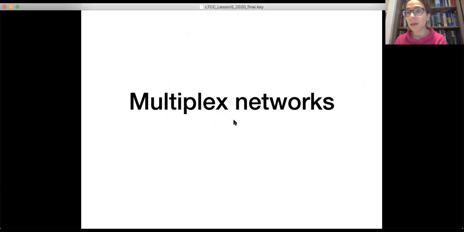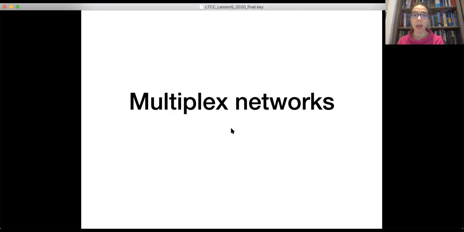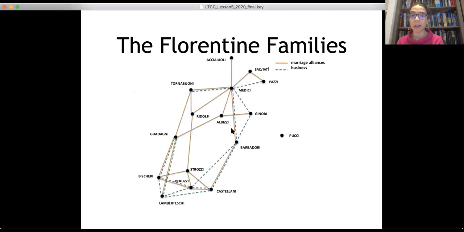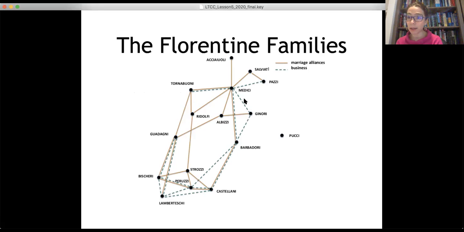So let's start with multiplex networks, and I will introduce them, providing a general discussion about why they are useful and in which contexts we can consider multiplex networks. Multiplex networks were initially studied by sociologists to study social networks like the social network of the Florentine families in the Renaissance period, where the Medici family was ruling the city.